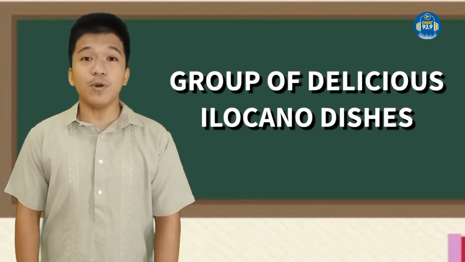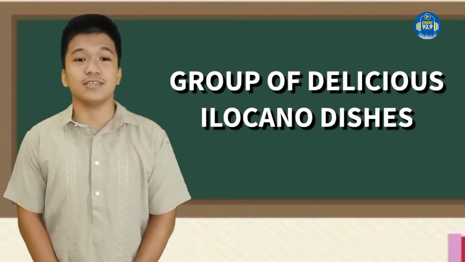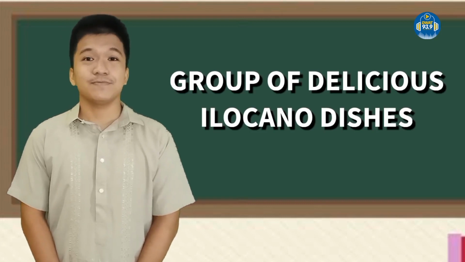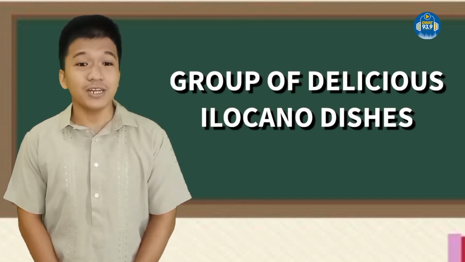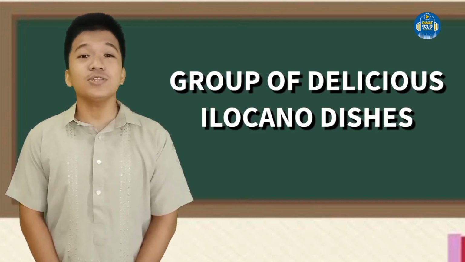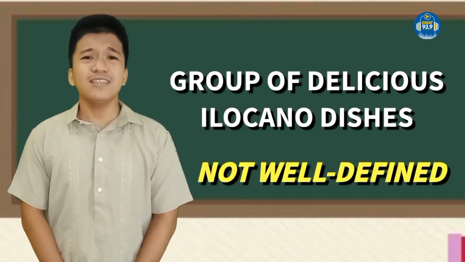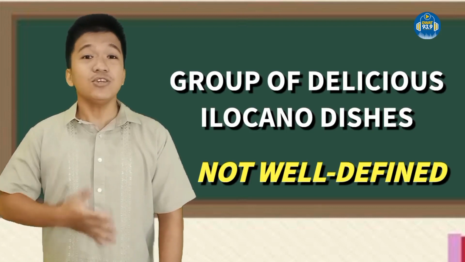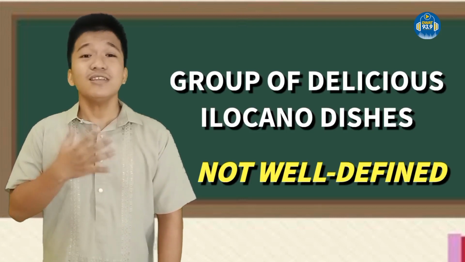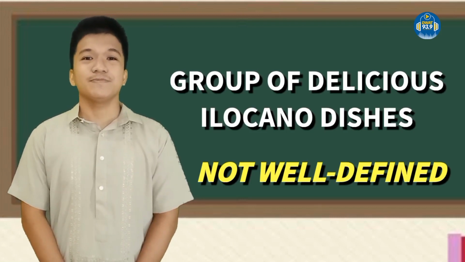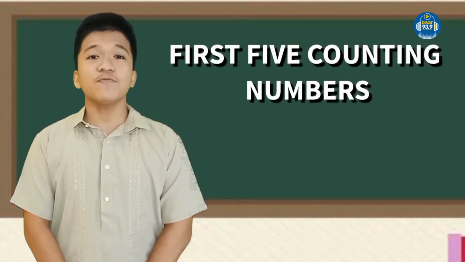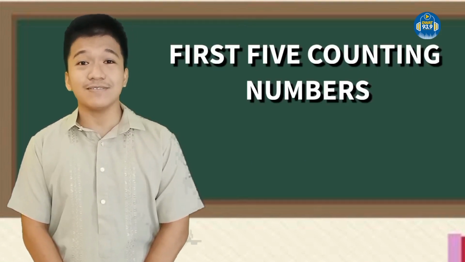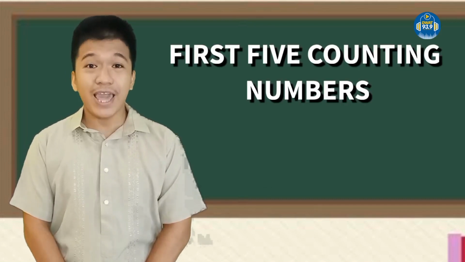How about group of delicious Ilocano dishes? Do you think that is a set? Similarly, the group of delicious Ilocano dishes is not a set because what may be delicious to me is not delicious to you. How about first 5 counting numbers? Is it a well-defined set? Correct.